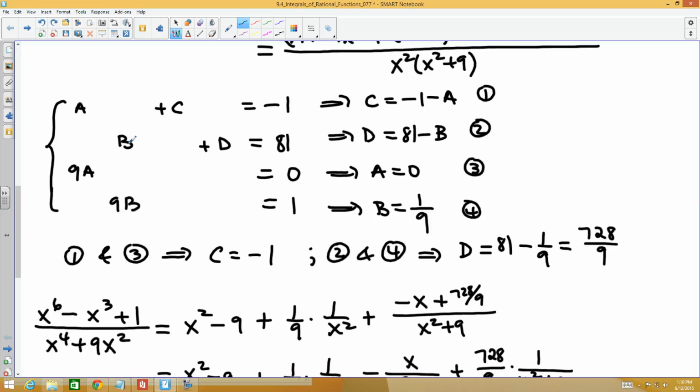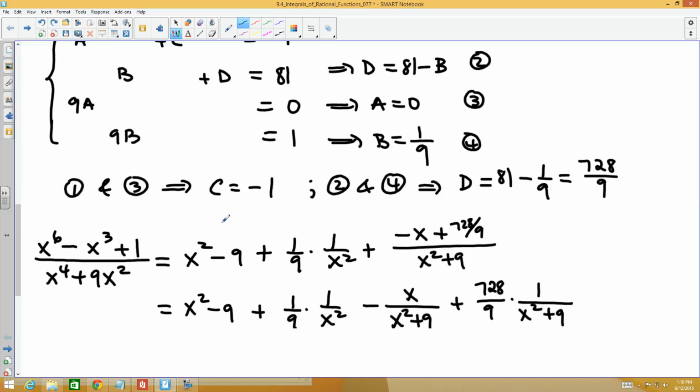We can now rewrite the integrand as x^2 - 9 + (1/9)(1/x^2) + (728/9 - x)/(x^2 + 9). See that I split it into two. Why? Because if you take the derivative of x^2 + 9, you get 2x, which means I can just multiply this by 2 and multiply the front by 1/2, and I have my integral.